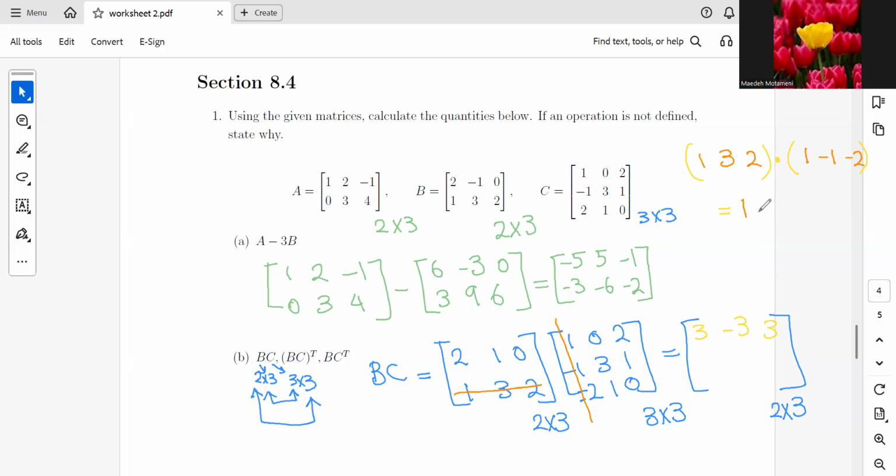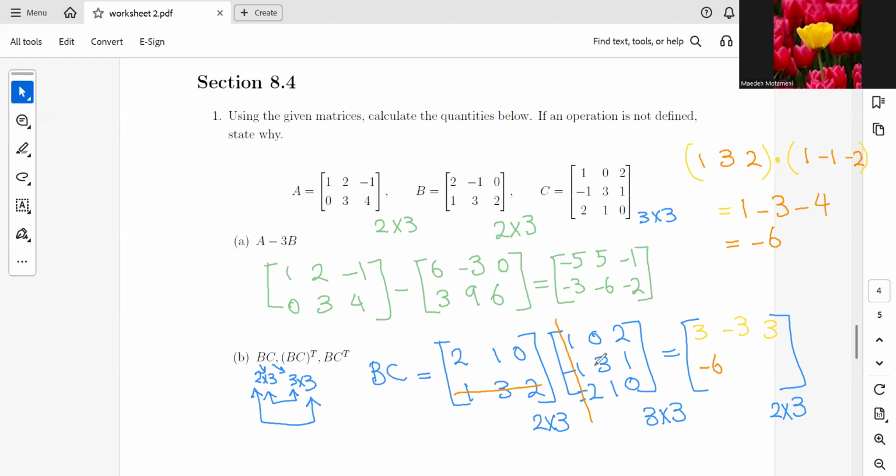It will be 1 minus 3 minus 4, which means -2, -4, which is -6. So -6 here.